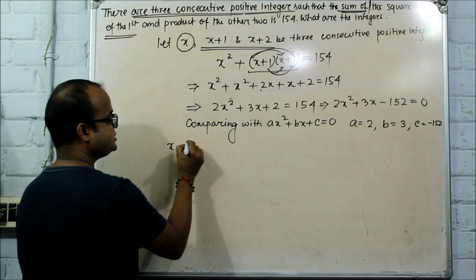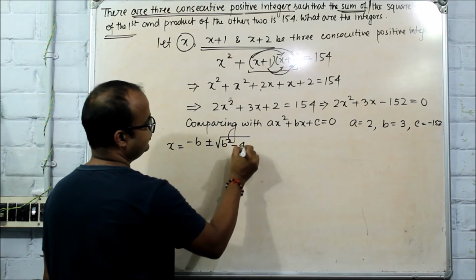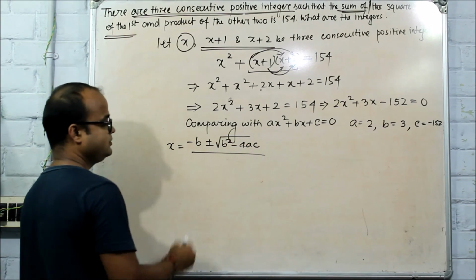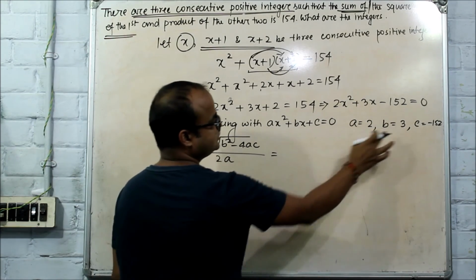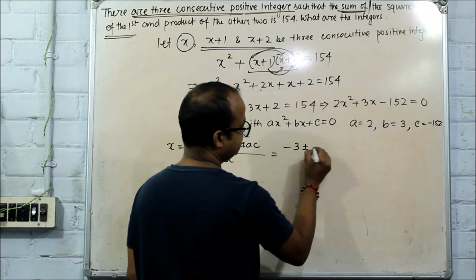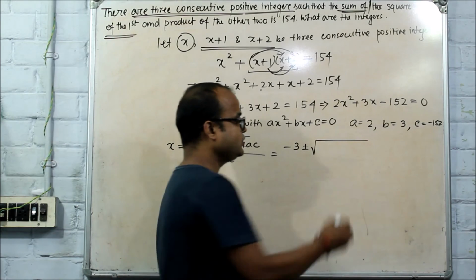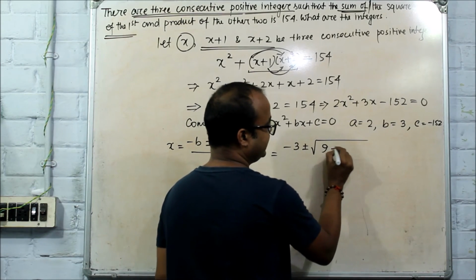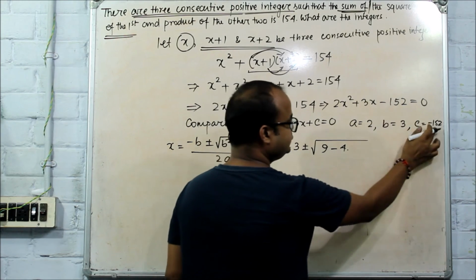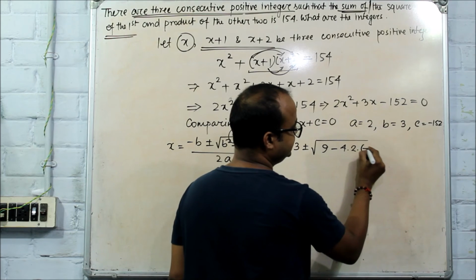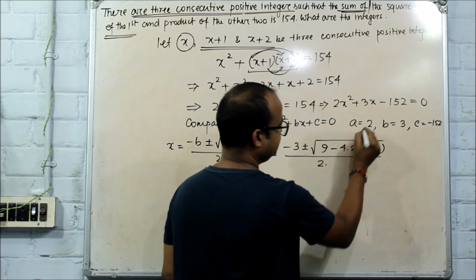The formula is x is equal to minus b plus minus square root of b square minus 4ac, by 2a. So minus 3 plus minus the square root of b square, that is 3 square, 3 square means 9, minus 4 into a into c, so 4 into 2 into minus 152, by 2a, 2 into 2.